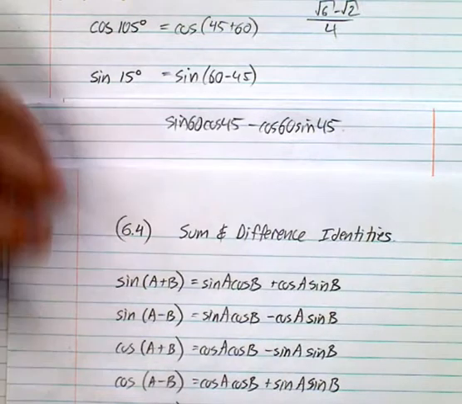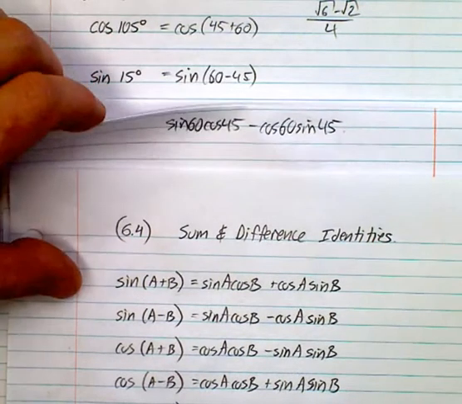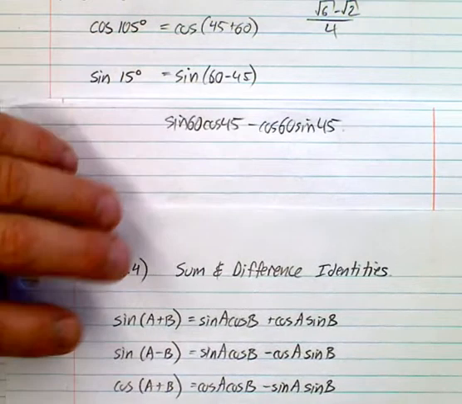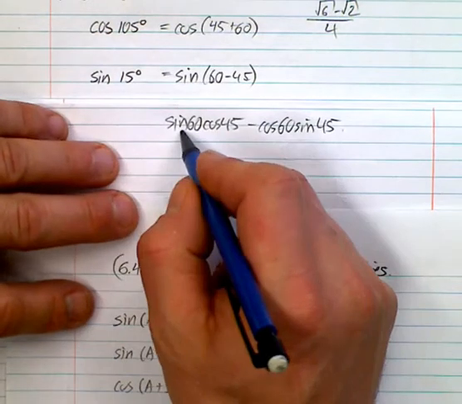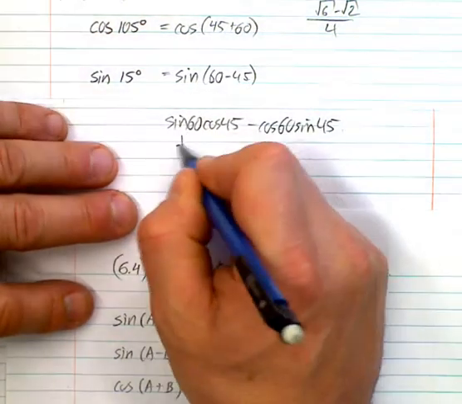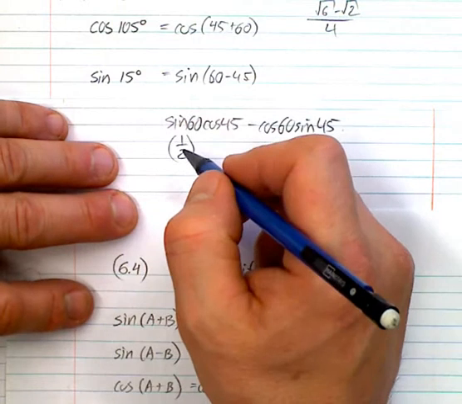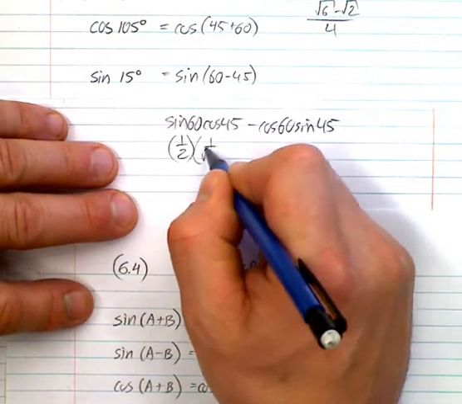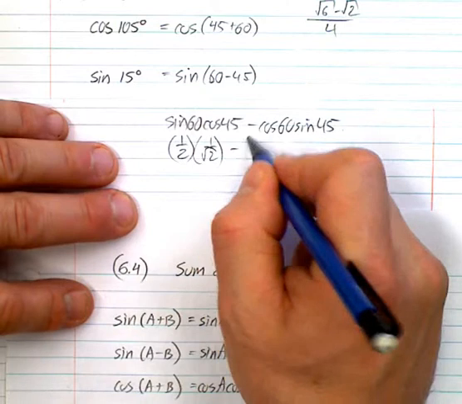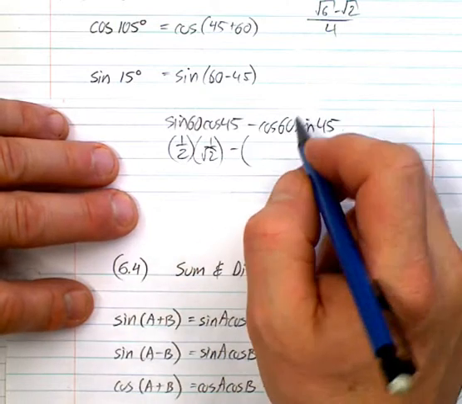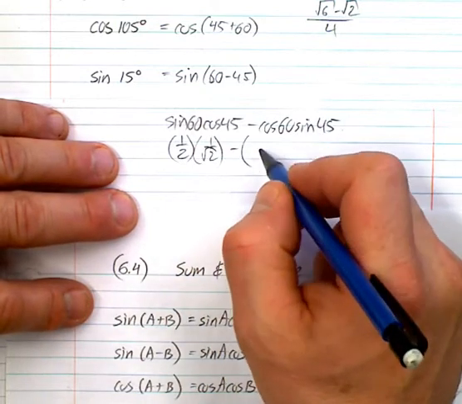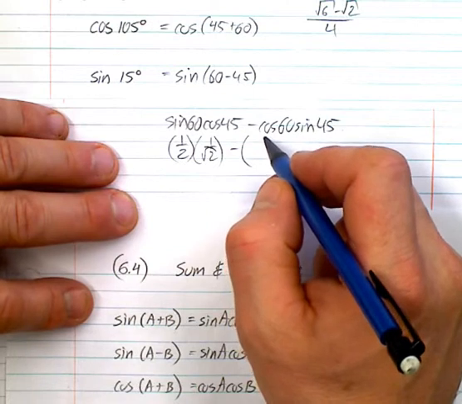And again, why don't we use, if you have a list of those things, values for sine 60 and all those. So sine 60 is 1/2, right? Cos 45, 1 over root 2 minus cos 60 is root 3 over 2.